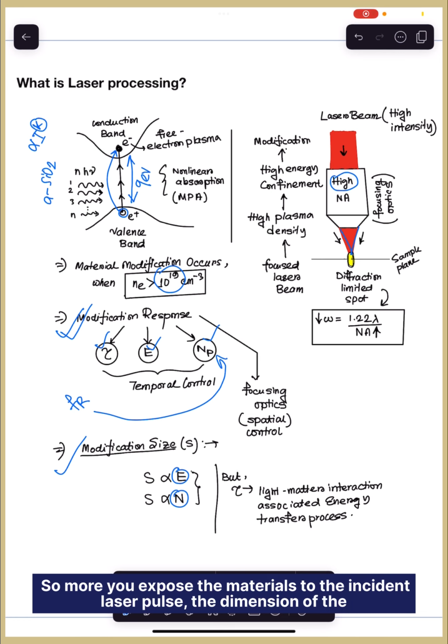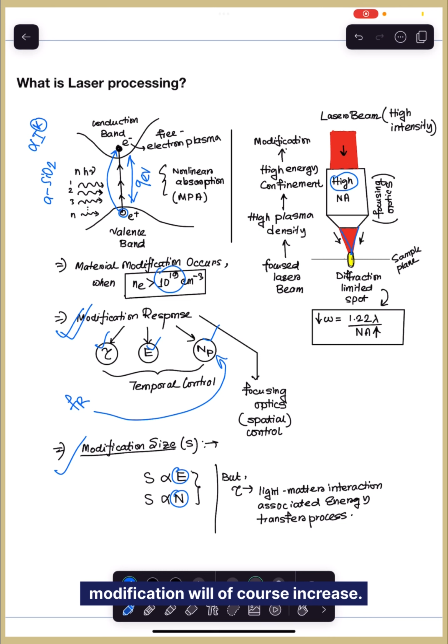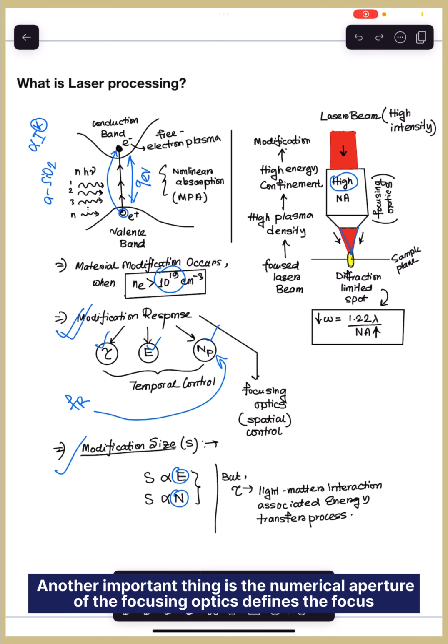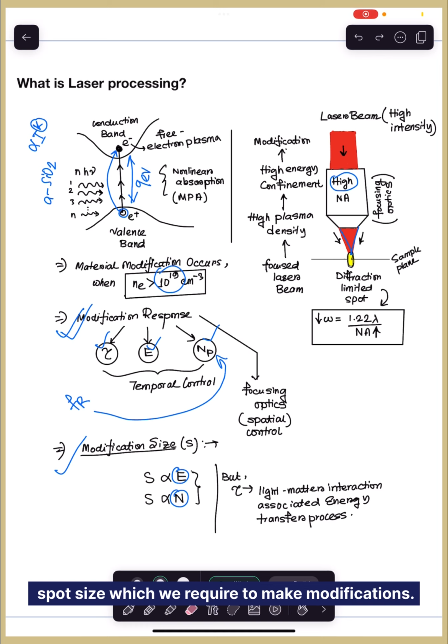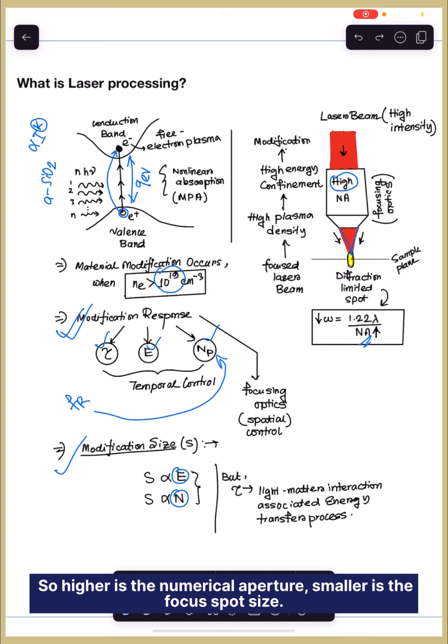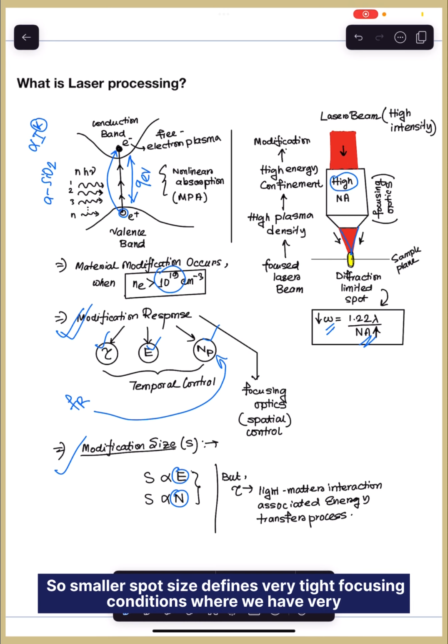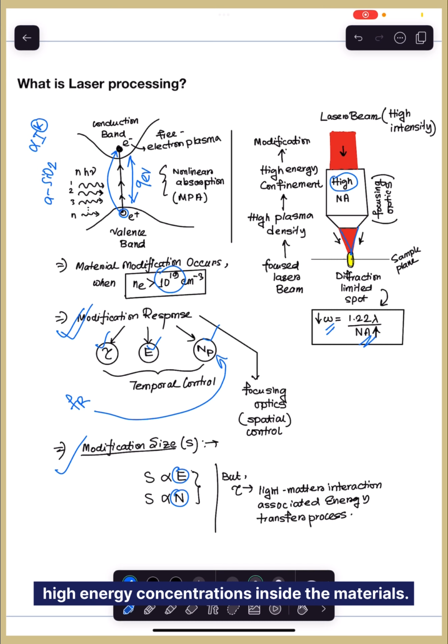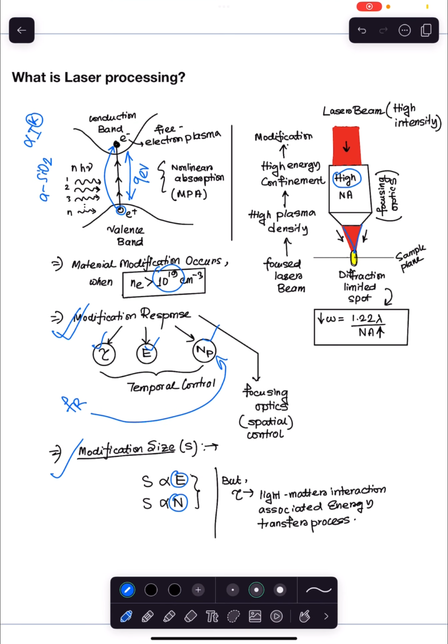So the more you expose the material to the incident laser pulses, the dimension of the modification will of course increase. Another important thing is that the numerical aperture of the focusing optics defines the focus spot size which we require to make modifications. So the higher the numerical aperture, the smaller the focus spot size. A smaller spot size defines very tight focusing conditions, where we have very high energy concentration inside the material. Thank you very much.